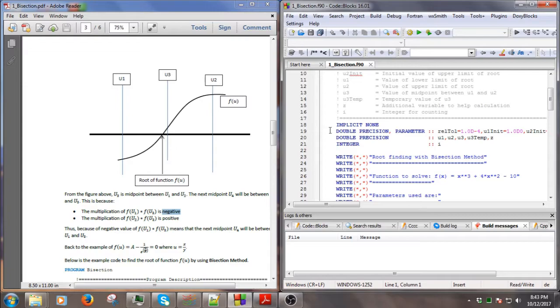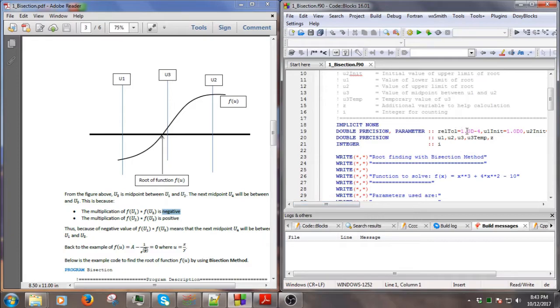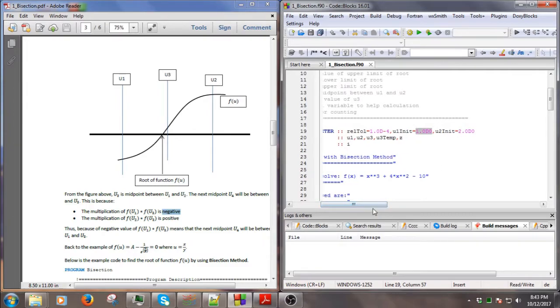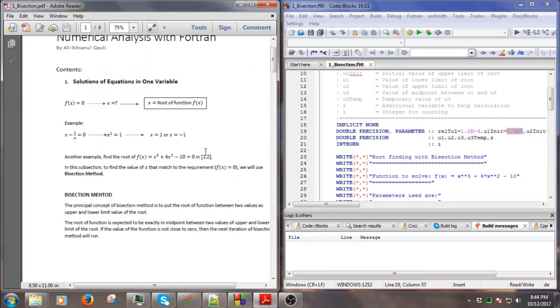So the first step is to initialize the variables and the parameters used. In this program, we use a relative tolerance of 10 to the power of minus 4. Remember, we use double precision, and the lower bound is 1 and the upper bound is 2, as we can see in the example here.